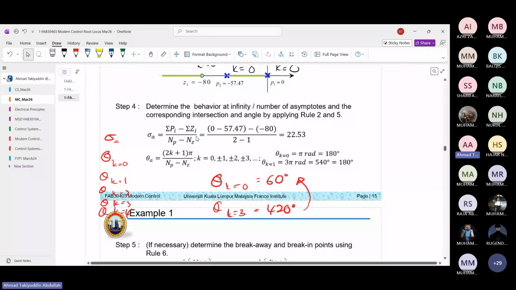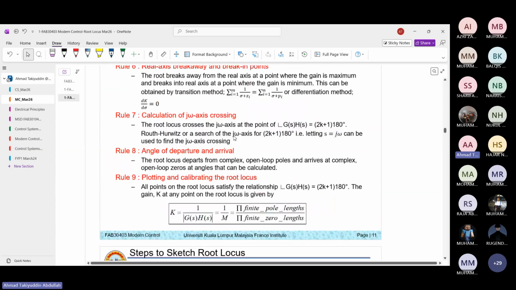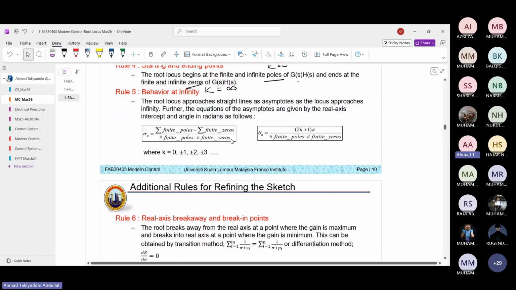Right, so this is what we are supposed to have for this theta A. Let's get back to the rules because we haven't looked into this in the equation before. Now let's look at the behavior at infinity in general explanation.